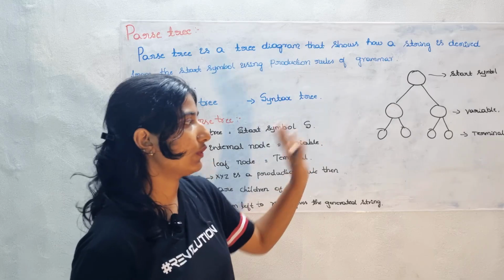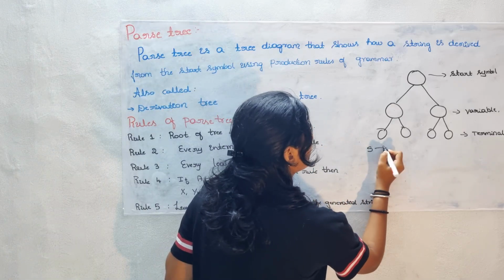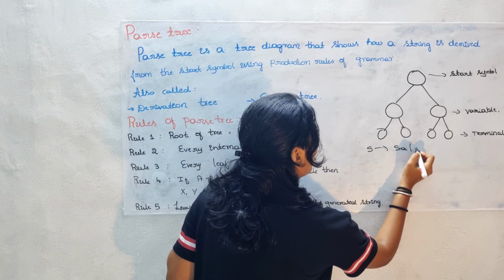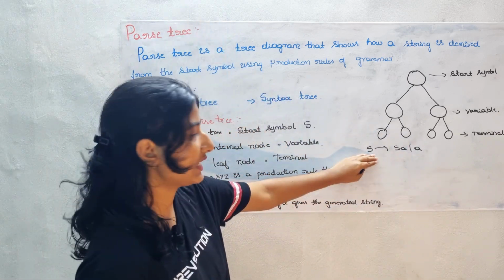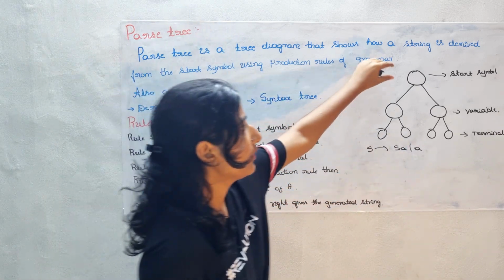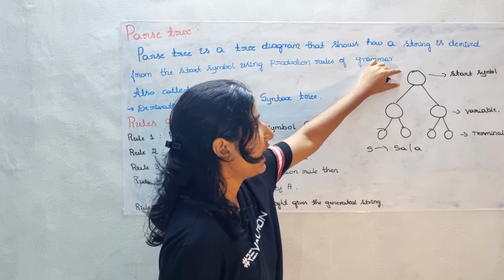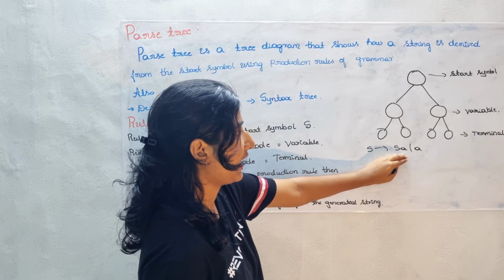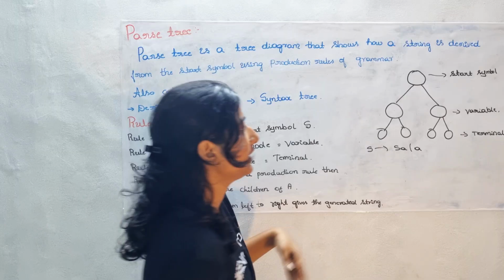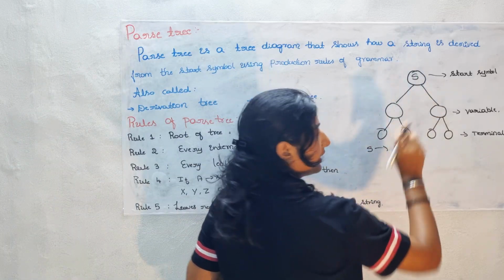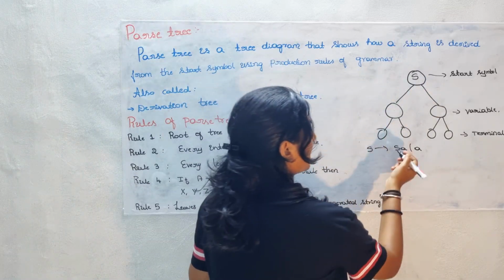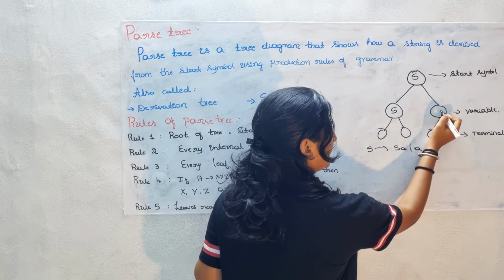Okay, so if we have S derives SA or A, then S will be the start symbol. So we have to take that one here, and S derives SA. S will be the start symbol, that one will be here, and S derives SA, we have to write it like this, right?